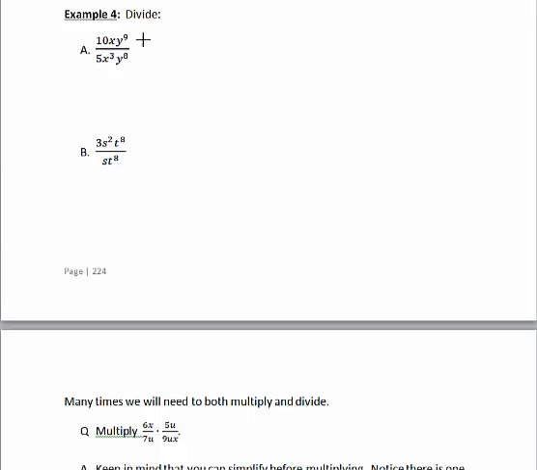So example 4, we could separate this into a fraction with the coefficients times a fraction with the x's times a fraction with the y's. Well, 10 divided by 5 is a 2. X over x to the third: the 3 is the larger exponent versus the 1 on the top, so we keep the x to the third on the bottom and subtract the 1.